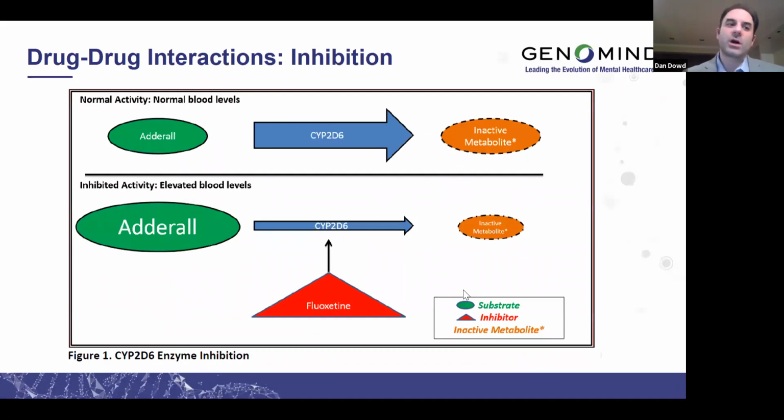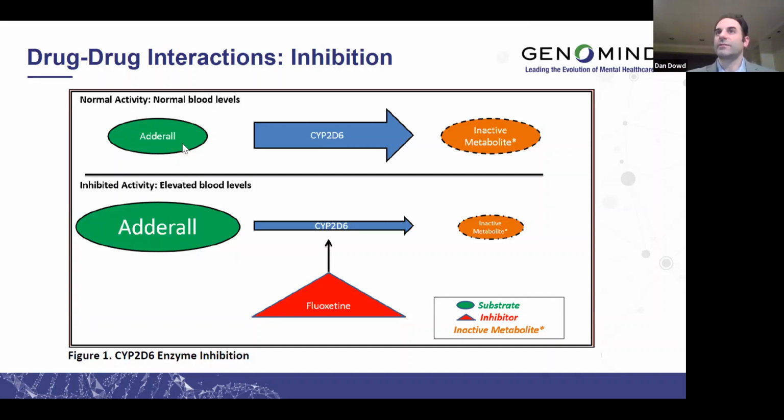Okay, so everything we've talked about up to this point has been drug-gene interactions, but we also need to take into account drug-drug interactions, because if we forget drug-drug interactions, we are missing probably 20 to 30% of important major interactions that can occur. Let's walk through this scenario on the screen here.